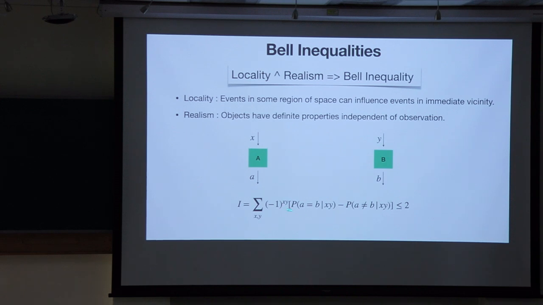If you combine these probabilities and use these conditions, you can show that this whole expression doesn't exceed 2. And we know that quantum mechanics violates this inequality with a maximum violation of 2 square root of 2. Now these are ontological conditions, meaning that you cannot prove these things in experiments.